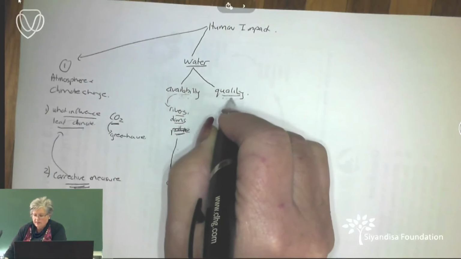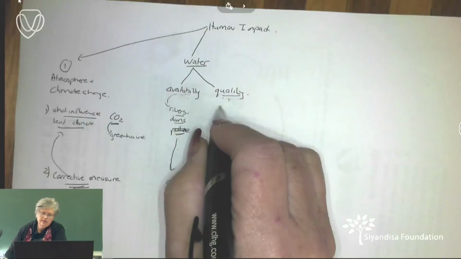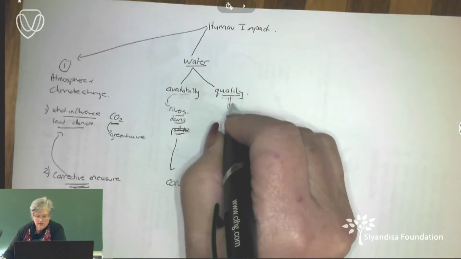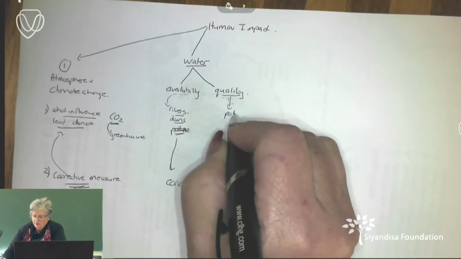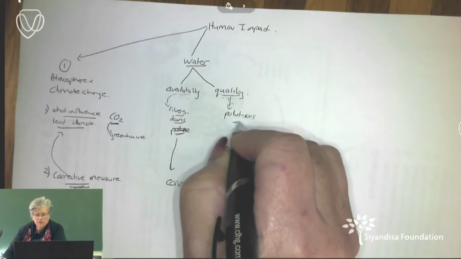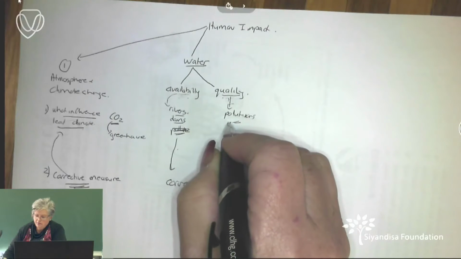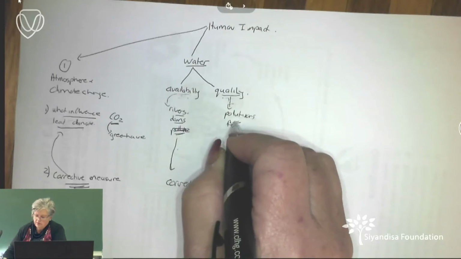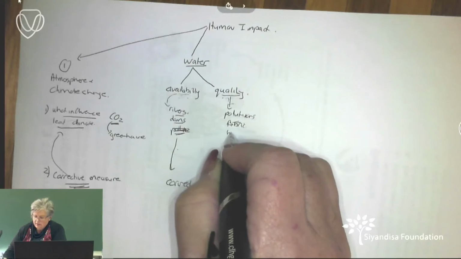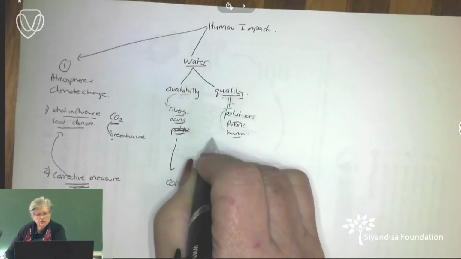Then water quality. Quality means that the water must be drinkable for humans and animals. So what has influenced the quality? The main thing that influences the quality is pollution. So you must know what causes pollution, like factories that produce things, humans that litter, waste that goes into the water, all the pollution that you can find.